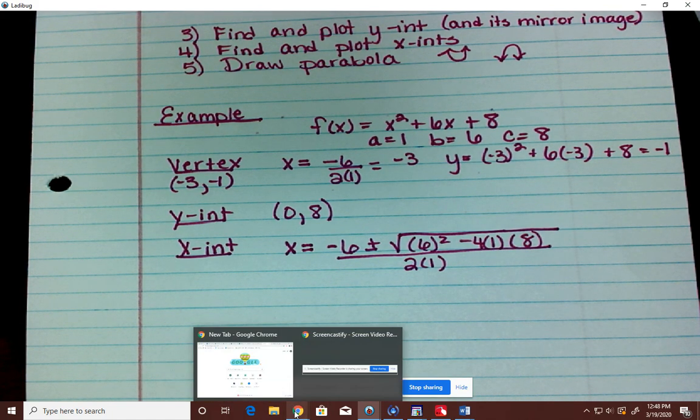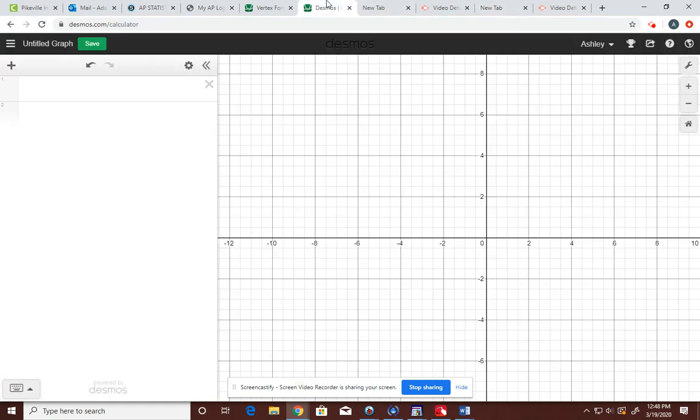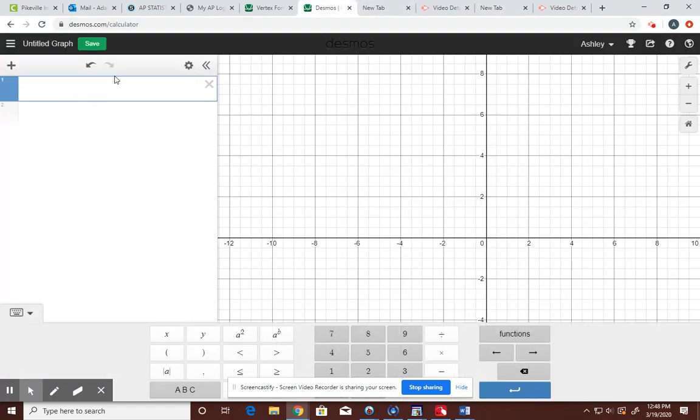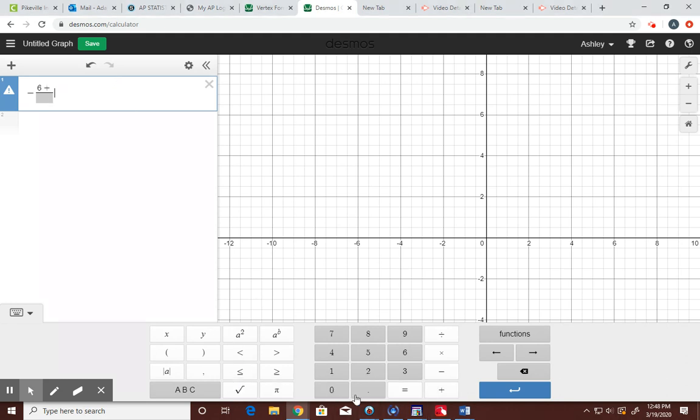Some of y'all are still leaving out your parentheses or not putting everything in the fraction. So I put -6, divide, and then I want to go back up there and put plus square root. Oh, see what happened? I went over too far and that square root's not in the numerator. So I'm going to delete that off and I want to go back up there in the numerator and make sure it stays all up there.